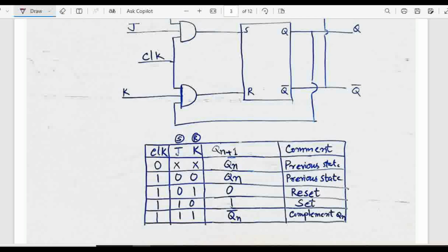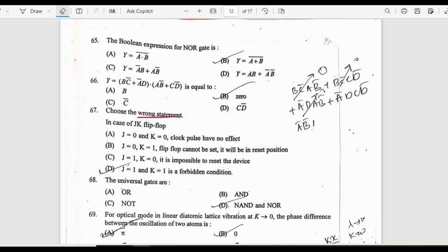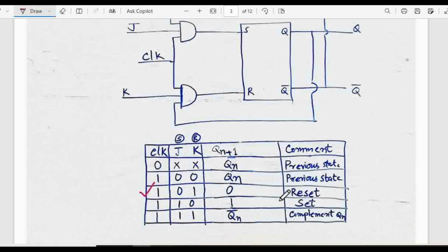J equal to 0, K equal to 1 means this condition. It is given that the flip flop cannot be set, it is reset. You see what is written here, it is reset. So option B is also a correct statement, but we have to find the wrong statement.